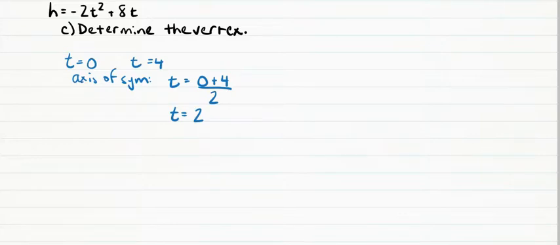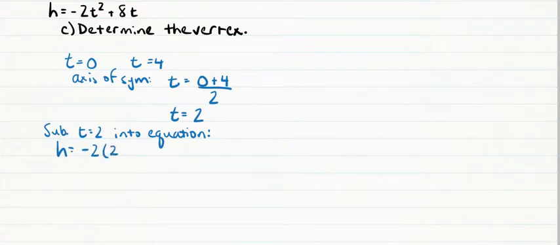And then to find the h coordinate of the vertex, we can substitute t equals 2 into the equation to find the h coordinate. So h is equal to negative 2 times 2 squared plus 8 times 2. And so we get negative 2 times 4 plus 16.